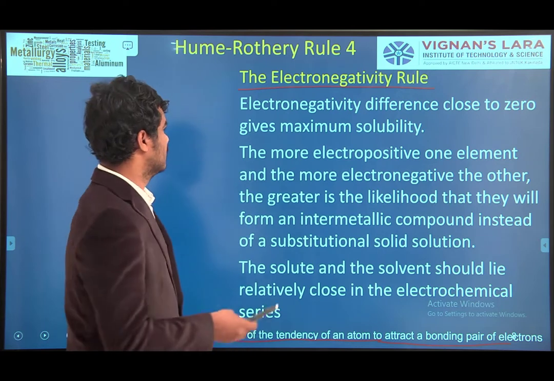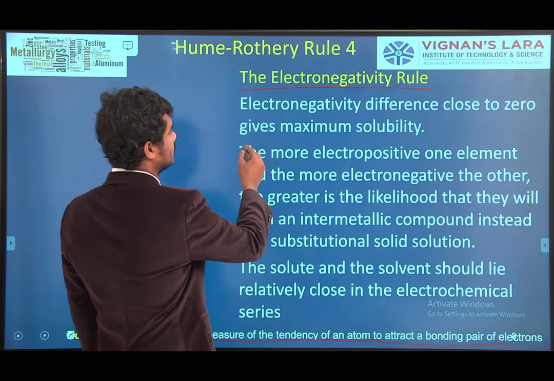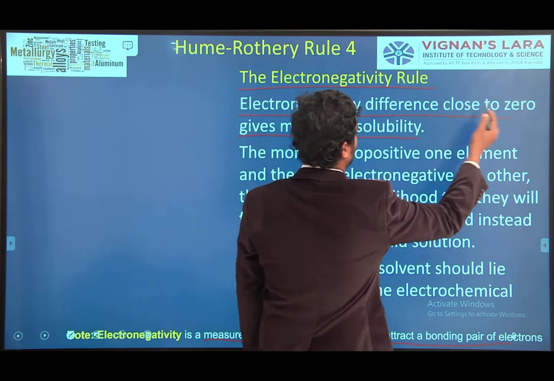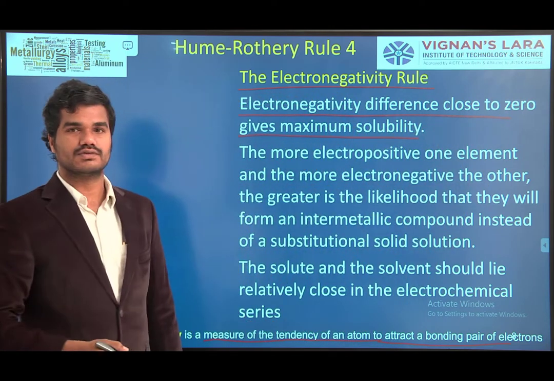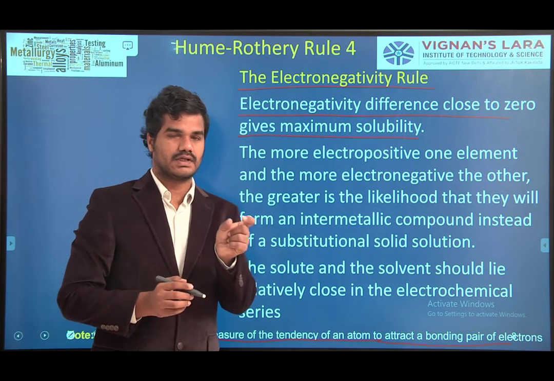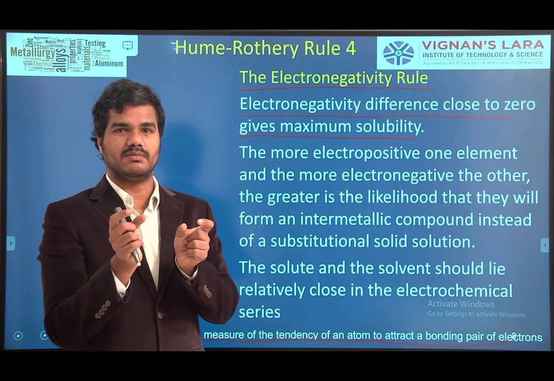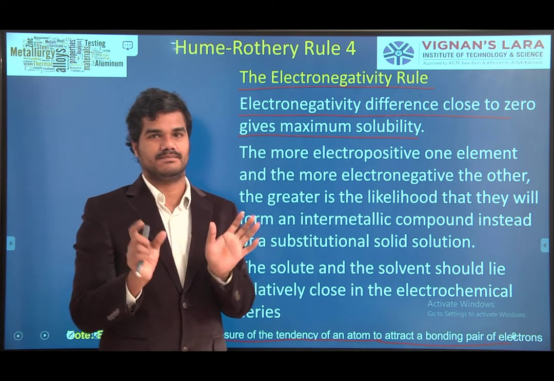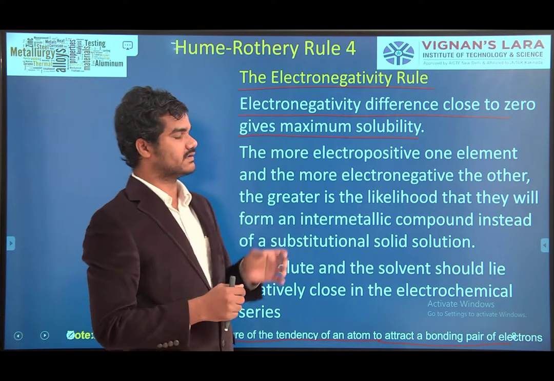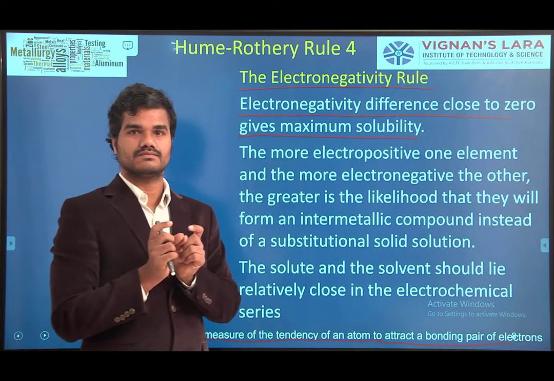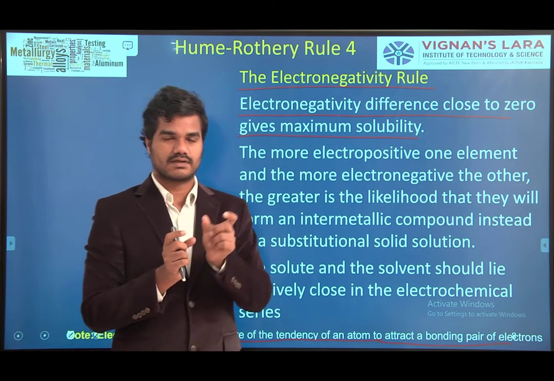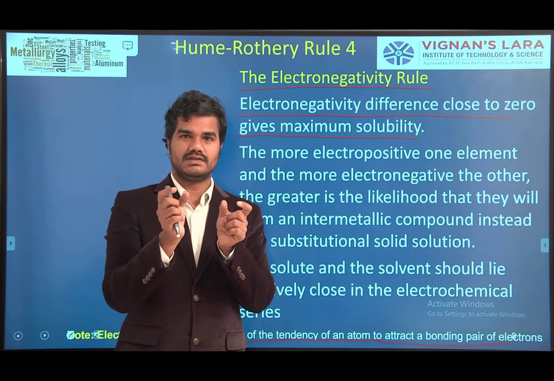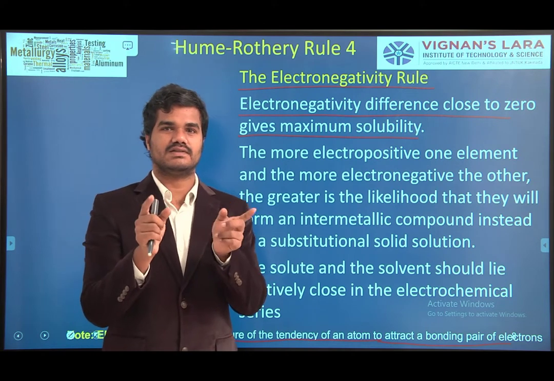Electronegativity difference close to 0 gives maximum solubility. That is Hume-Rothery rule 4. Electronegativity difference close to 0 means the electronegativity of A and of B material atoms should be the same. If the electronegativity of A is 3, and the electronegativity of B is also 3, then what is the difference? 3 minus 3, 0.